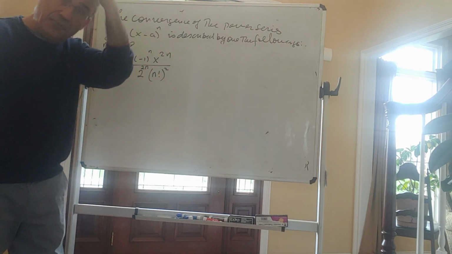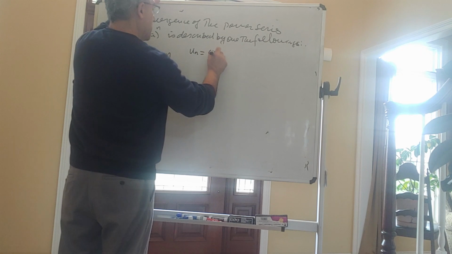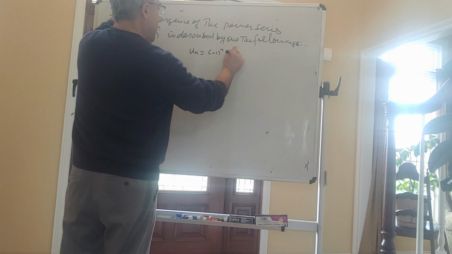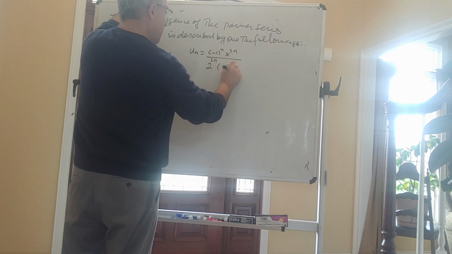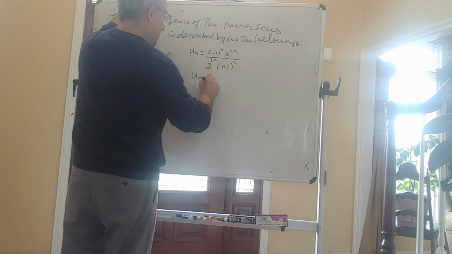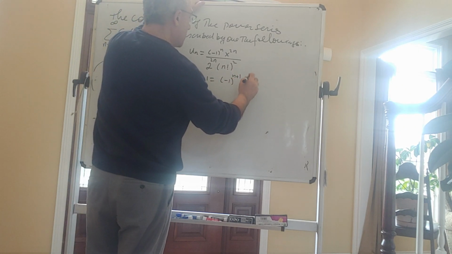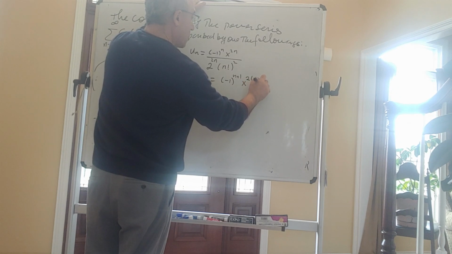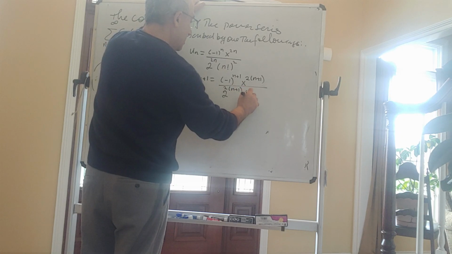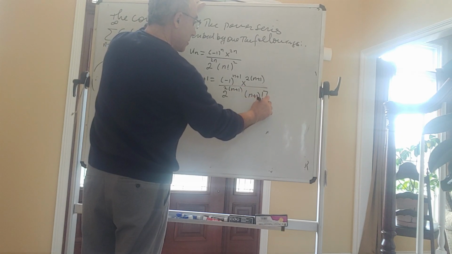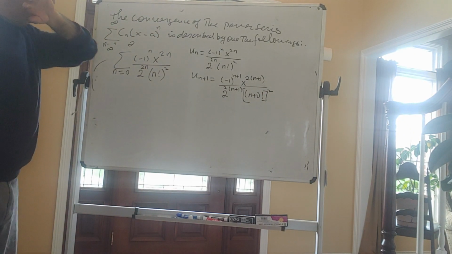So here u_n is minus 1 to the power n, x to the 2n over 2 to the power 2n times n factorial squared, and u_(n+1) is minus 1 to the n plus 1, x to the 2 times n plus 1, over 2 to the power 2 times n plus 1, times n plus 1 factorial quantity squared. Okay?